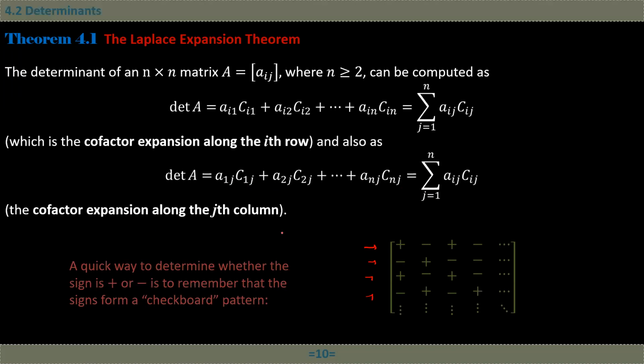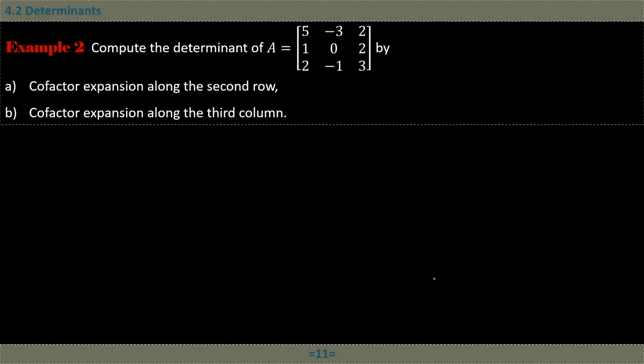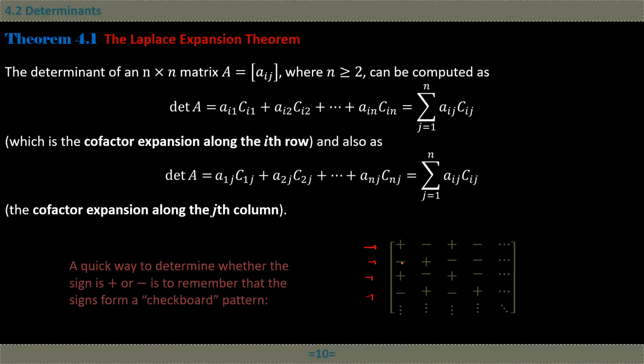And what it says: if you start from here, plus, minus, plus, minus, plus. If you start from here, minus, plus, minus, plus, minus, plus. If you start from here, plus, minus, plus, minus, plus, minus. Okay, so let's just see one example for that. Compute the determinant of A by cofactor expansion along the second row. So the second row is here, right? As you see here, the second row starts with minus, plus, minus, plus.